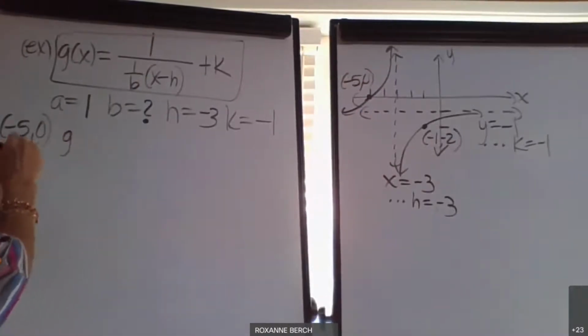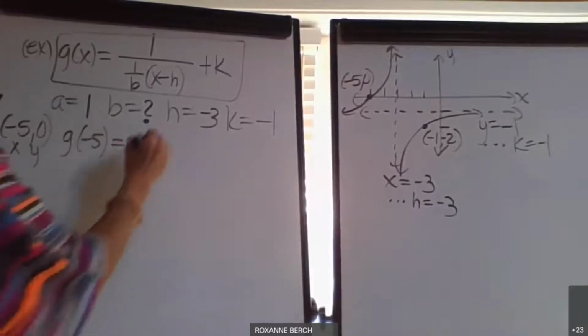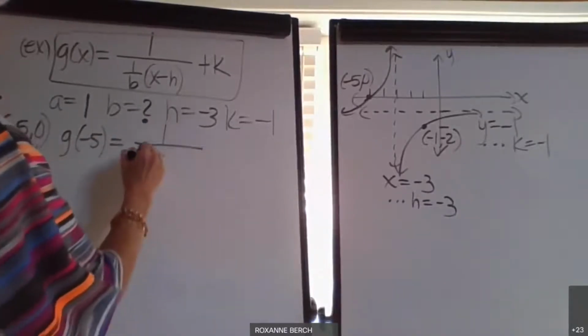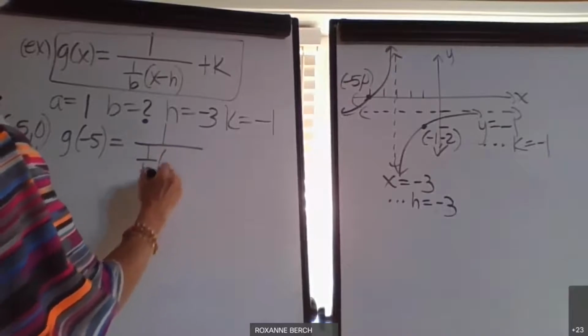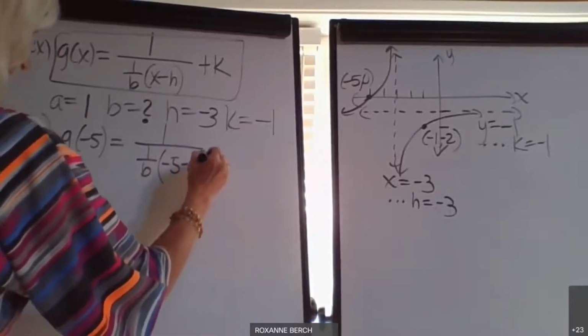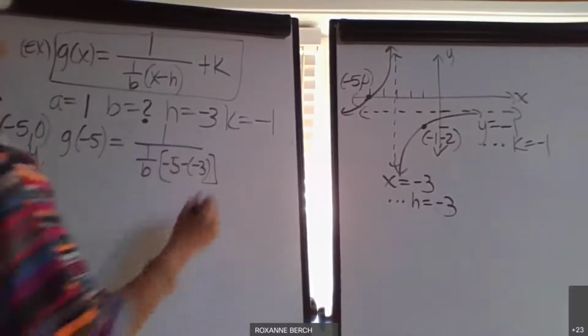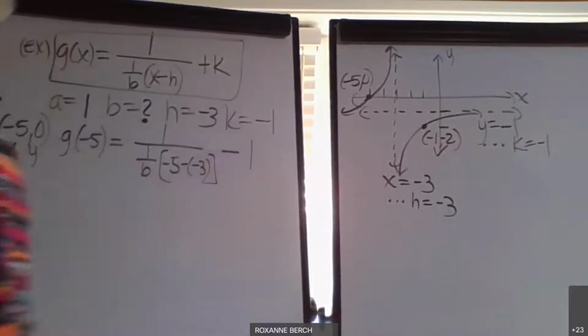So we have G, this is X and Y. So we have G of -5 is equal to 1 over B times -5 minus -3, lots of negatives, minus 1.